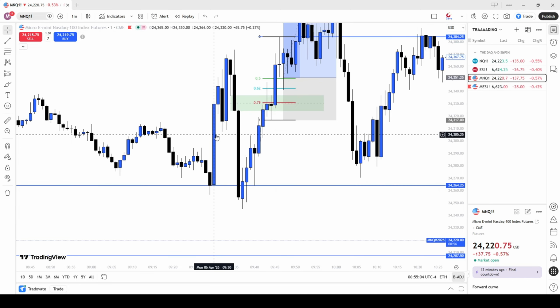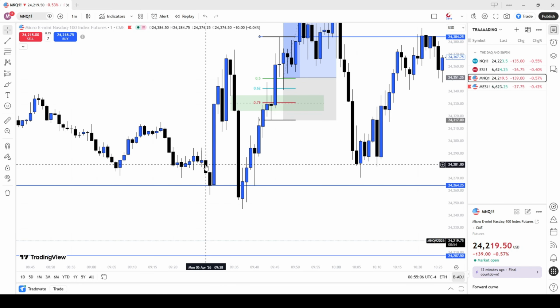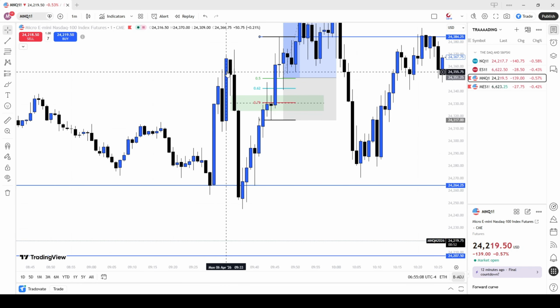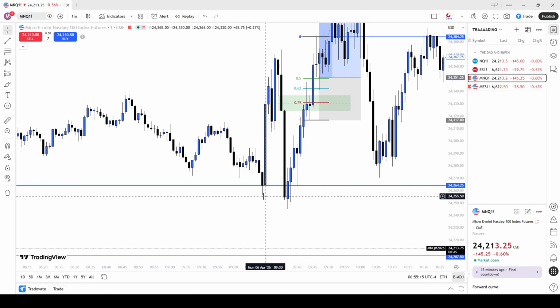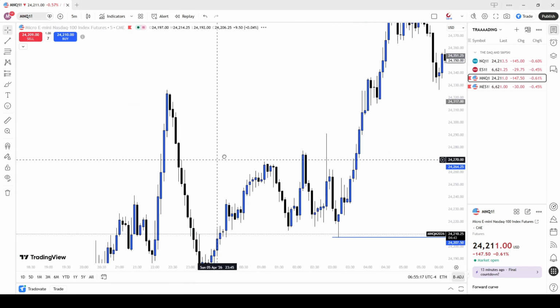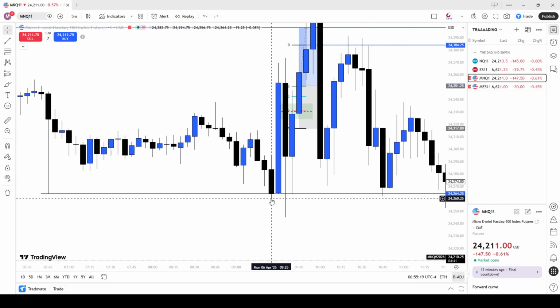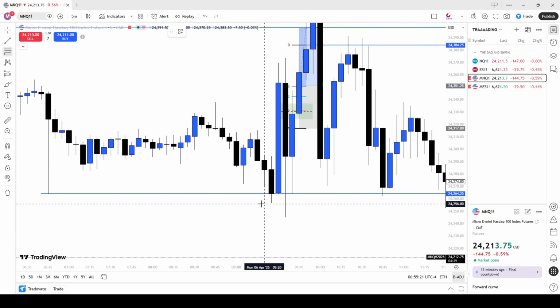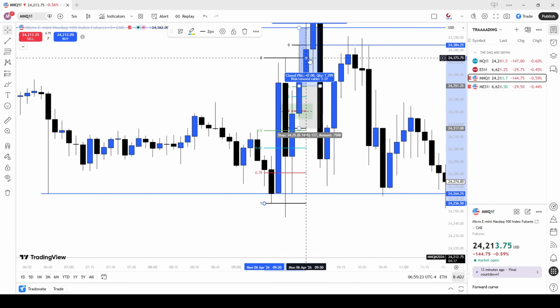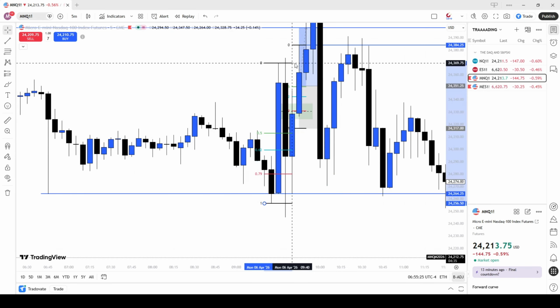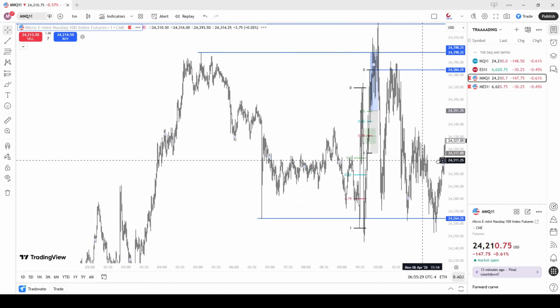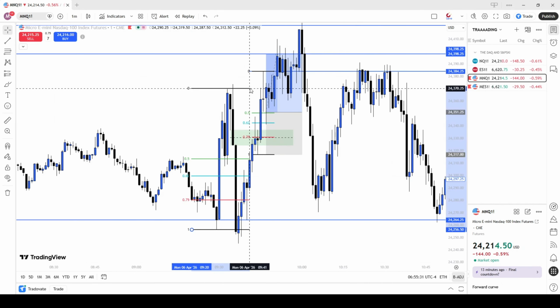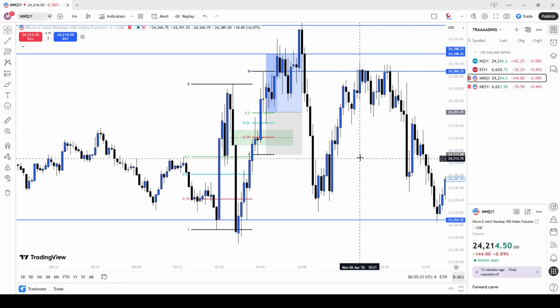So what we actually end up doing is we break structure on the 1-minute, we inverse this 1-minute gap, and get a resweep. But what is important, we don't even break the 79% extension. I need to see which one is it, which low, this high.